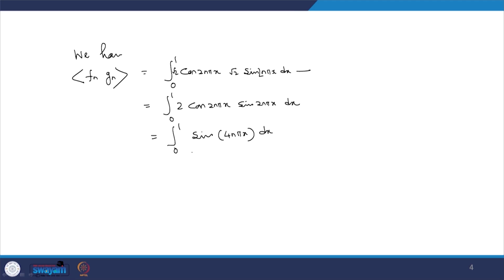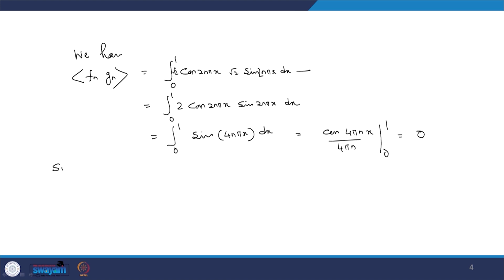So this is equal to cos of 4 pi n x over 4 pi n from 0 to 1, which equals 0, because n is a positive integer: the value at 1 is 1 and minus cos of 0 is also 1. That is why it is equal to 0.